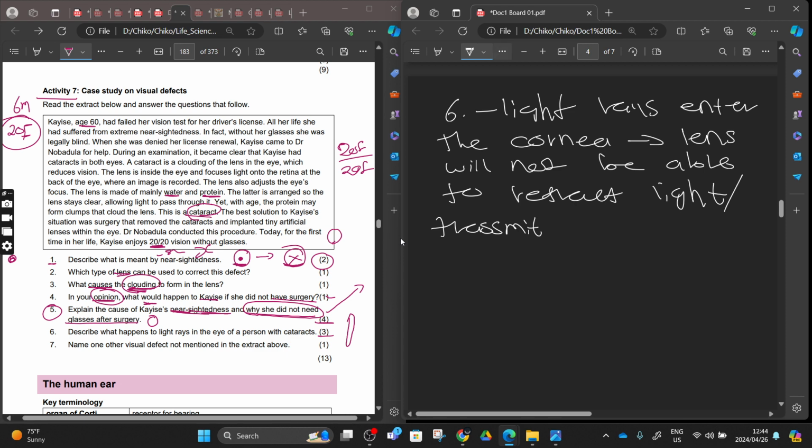We refract and we transmit. If it's cloudy, the light will eventually be blocked. The light rays enter the cornea, but the lens will not be able to refract the light to the yellow spot.